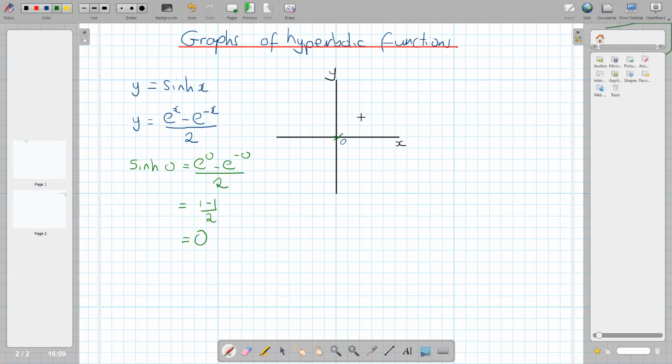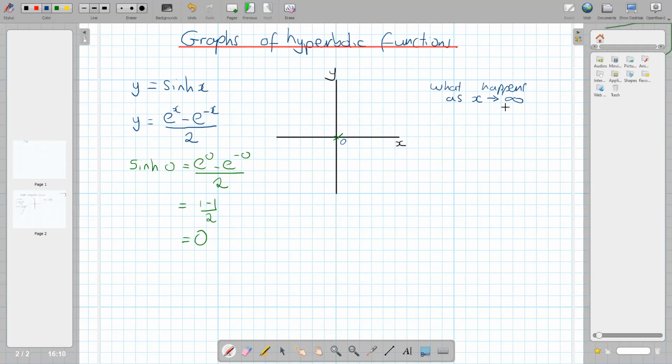So what happens next? Well, one of the things we might look at is what happens as x gets large. So we're going to think now about what happens as x goes to infinity. So x is going to get really large. Essentially, if we plugged in a really large positive number for x, what would happen?